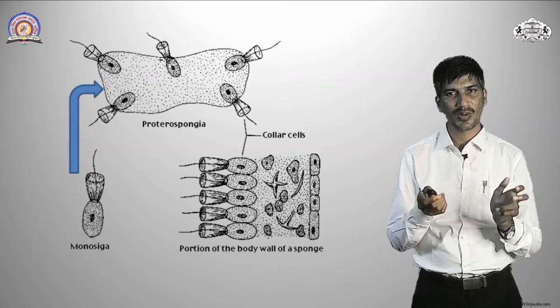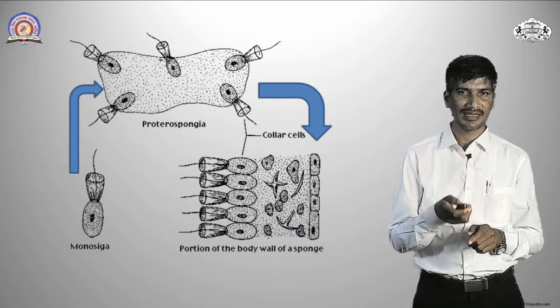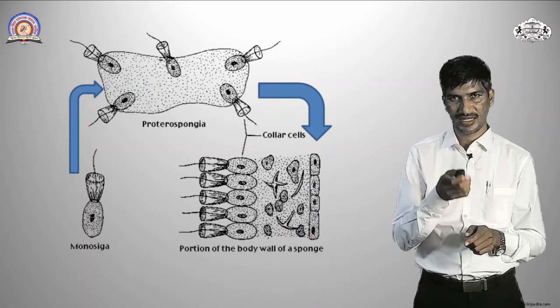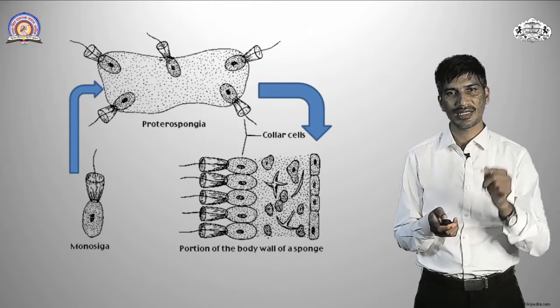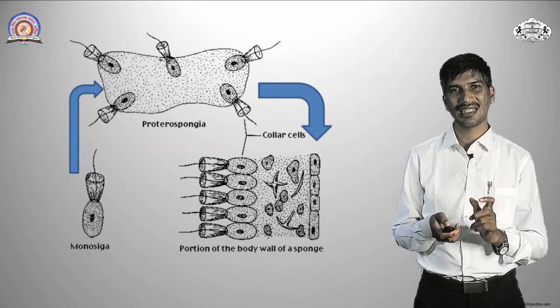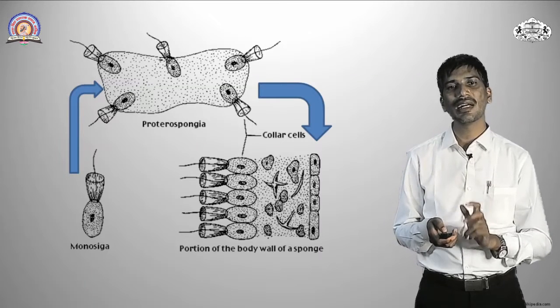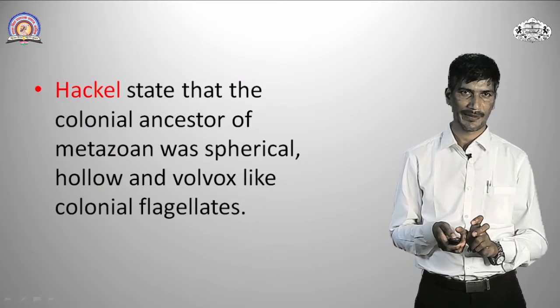They form a colony, cells together, and then a third layer is formed, or the structure is developed, a multicellular structure. Therefore in that theory they suggested that the flagellated protozoan is responsible for the development of metazoan.